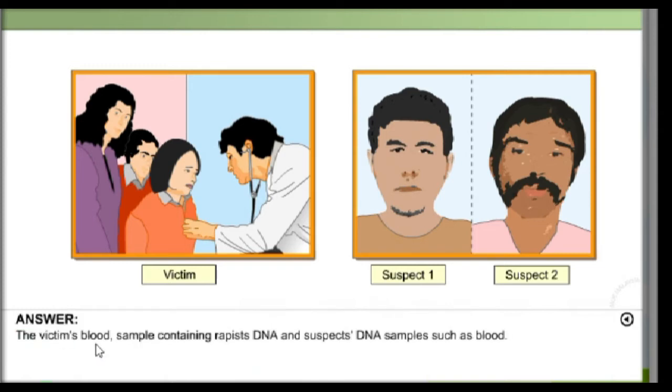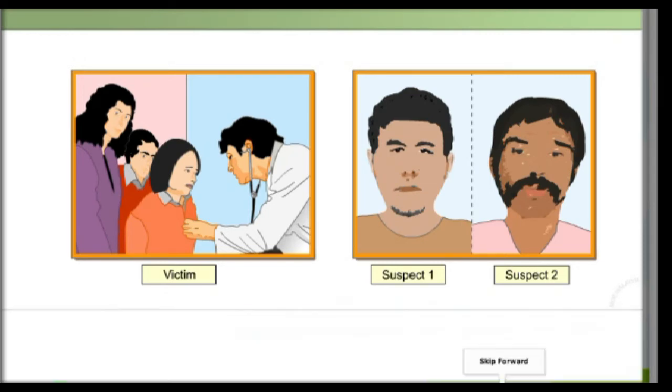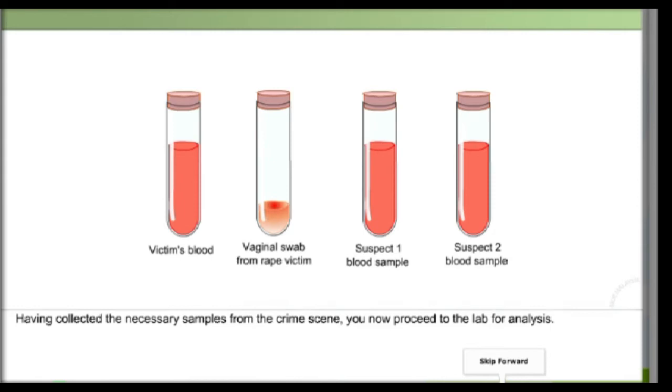The victim's blood sample, containing the rapist's DNA, or the suspect's DNA sample such as blood. Having collected the necessary samples from the crime scene, the victim's blood, the vaginal swab, and the suspect 1 and suspect 2 blood, we now proceed to the lab for analysis.